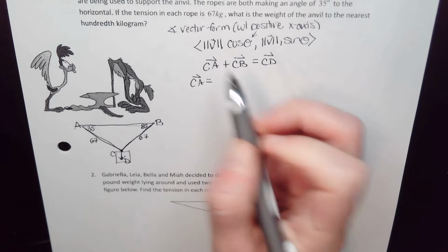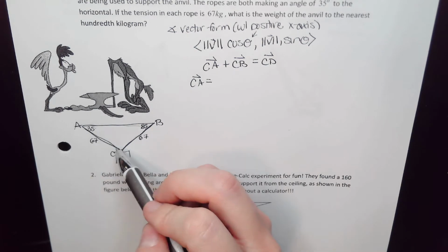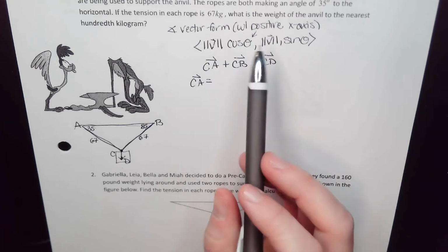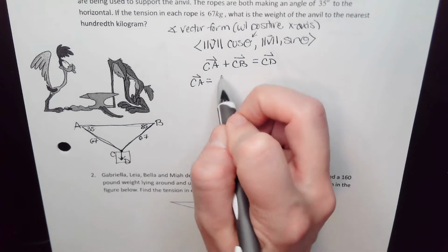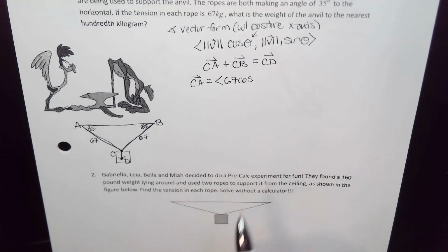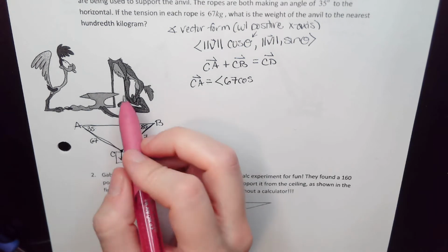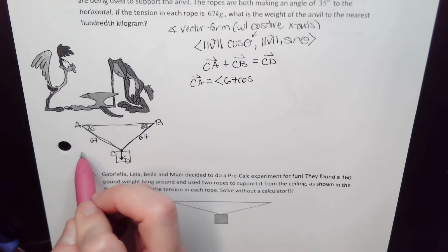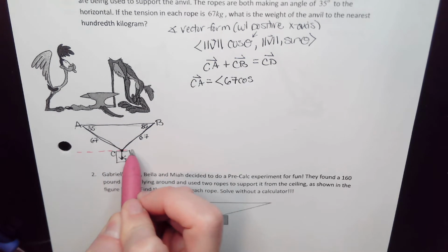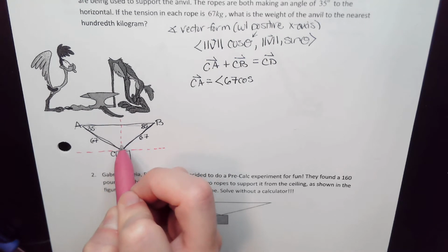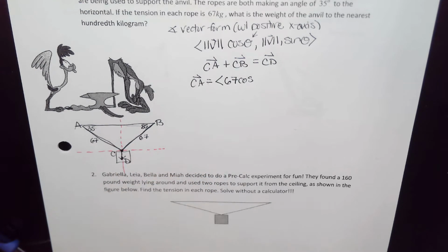All right, so now let's write a vector for each of these. So vector CA, so that's this one over here. So if we're using this format right here, the angle vector form, we need the magnitude. Well, we were given the magnitude as 67 times the cosine of the angle it forms with the positive x-axis. So to figure that out, I want you to envision here your x-axis is right here passing through point C. And just to get the idea here, you also can envision your y-axis right there.